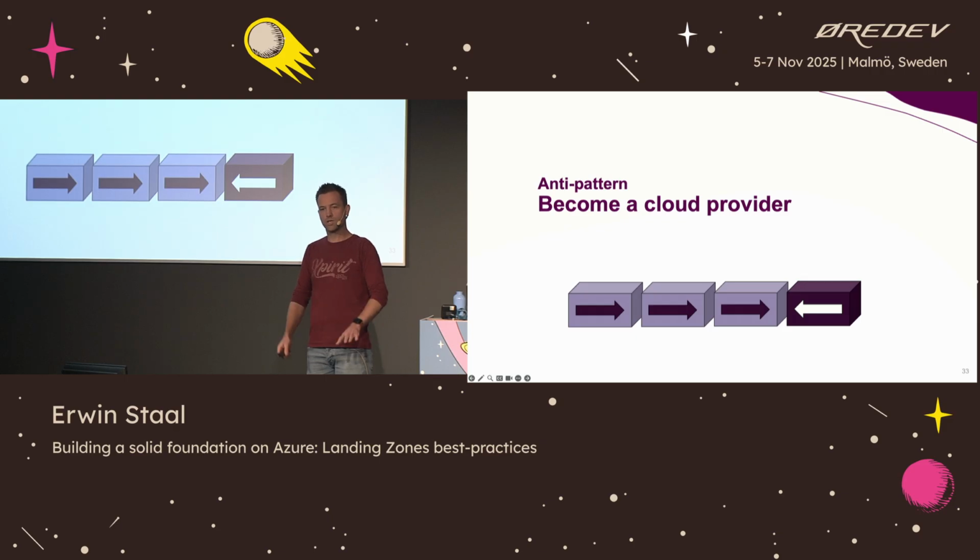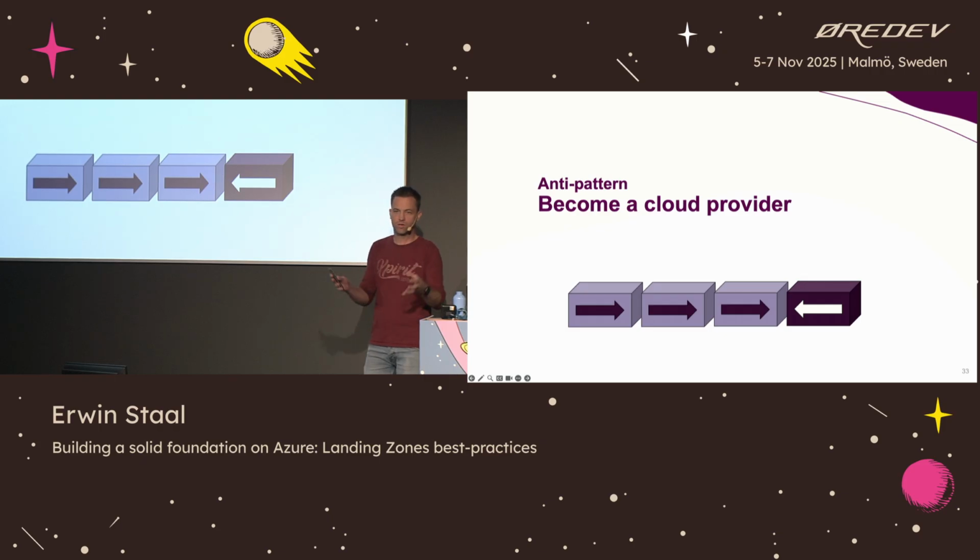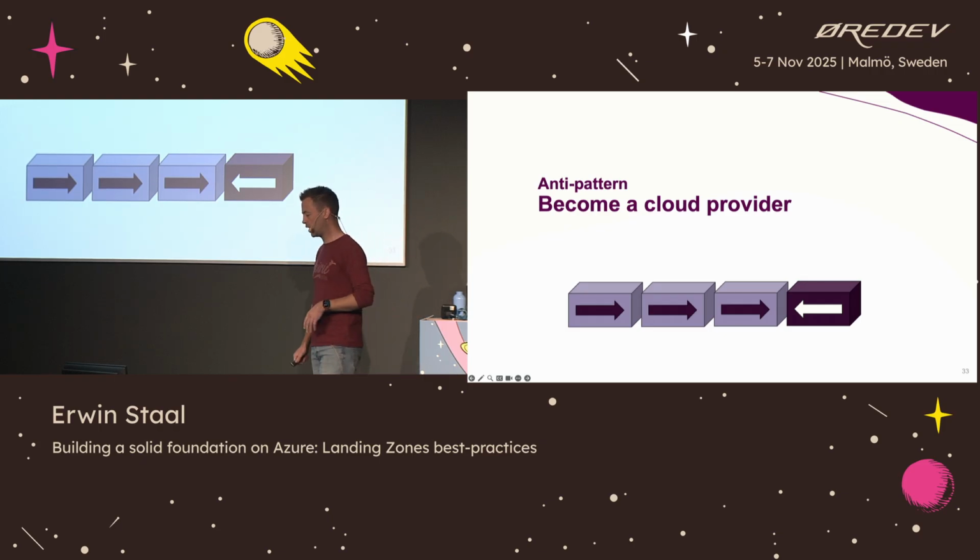And that has always turned out to be counterproductive. So don't do that. Go for proper landing zones, ensure that teams can be fully autonomous on the Azure cloud within the guardrails, of course. But cloud is completely different from on-prem, so it also requires a completely different operating model.